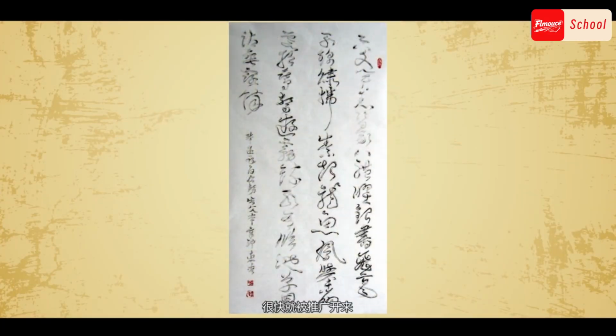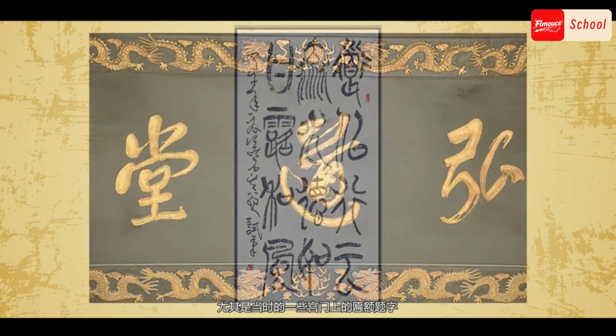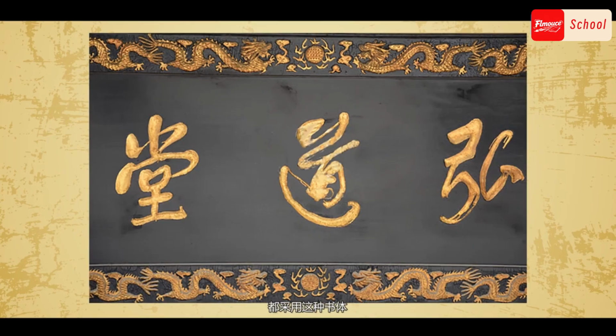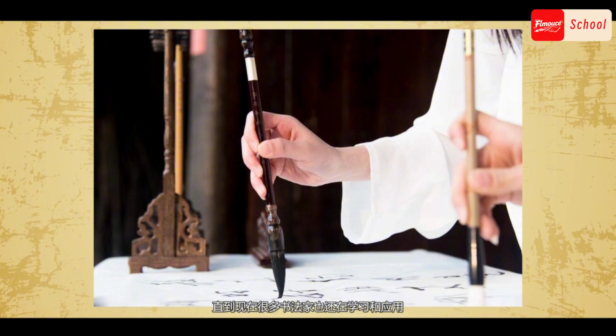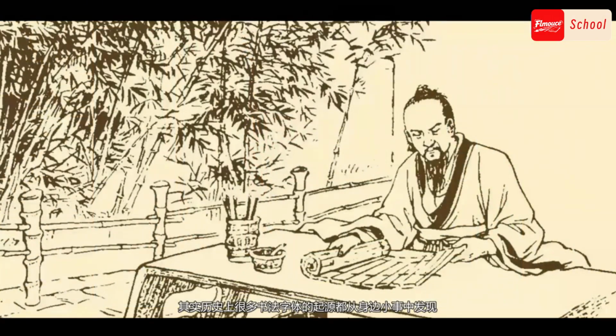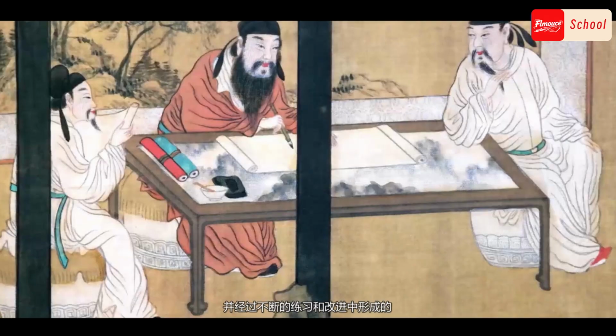It was quickly popularized. It was once extremely popular. Especially the plaque inscriptions on some palace gates were written in this style. Until now, many calligraphers are still learning and applying Phi. In history, the origin of many calligraphy styles were discovered from small things around and formed through continuous practice and improvement.